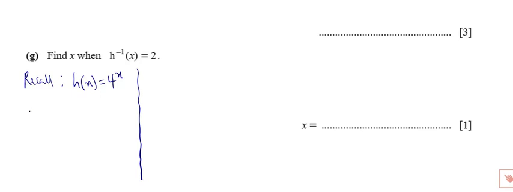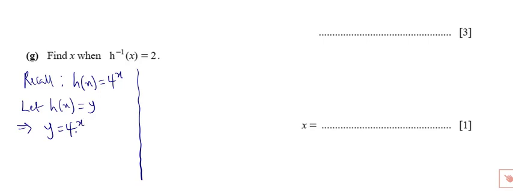So as in the previous solution, we equate that function to variable y first. So I say let h of x equals y. So from here, what we are saying is it implies that y equals 4 to the power of x. That's the first step.